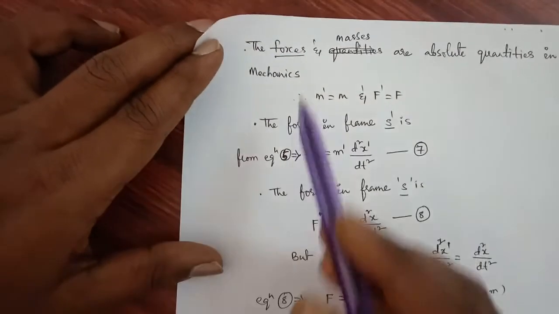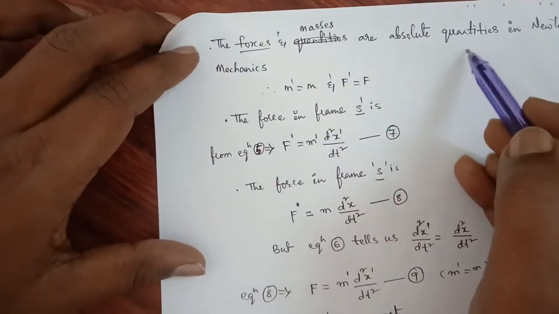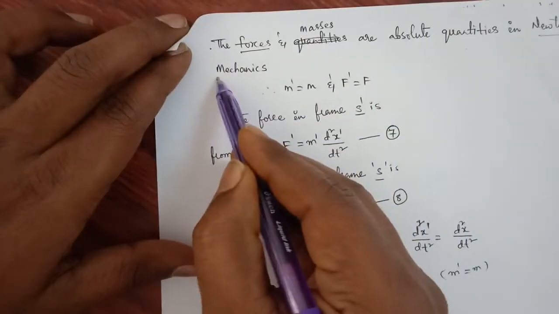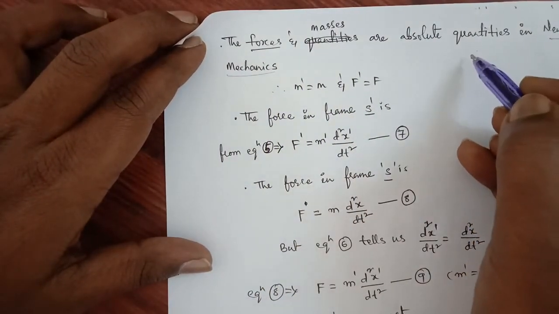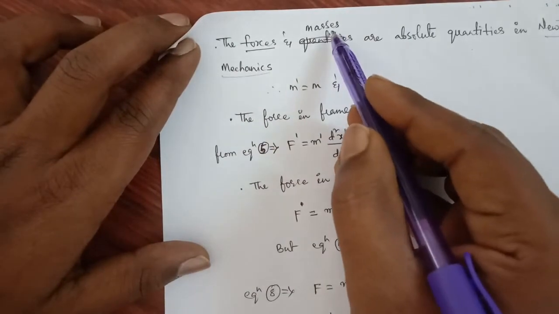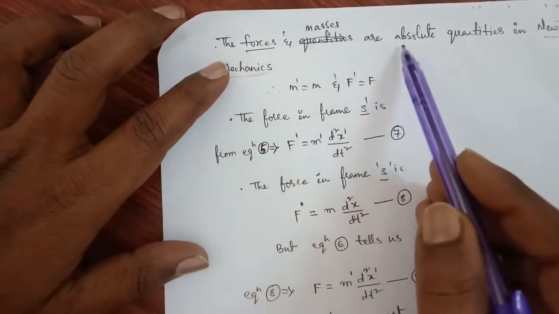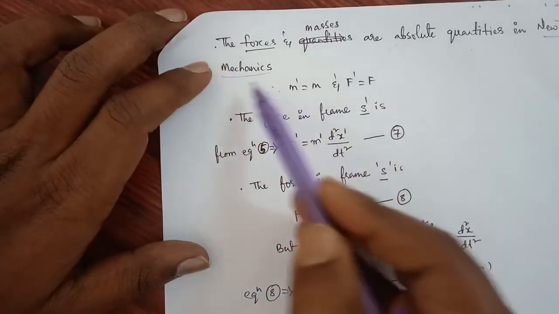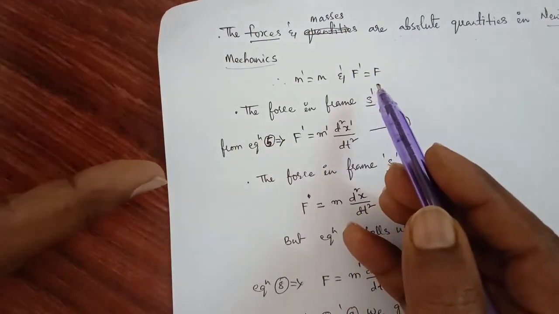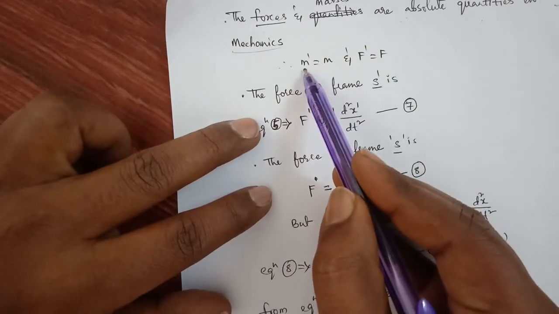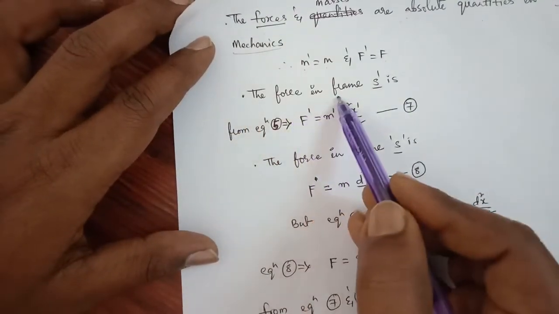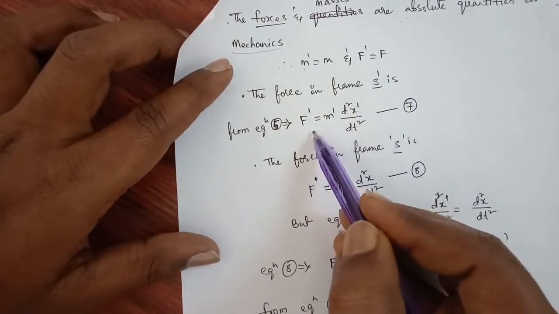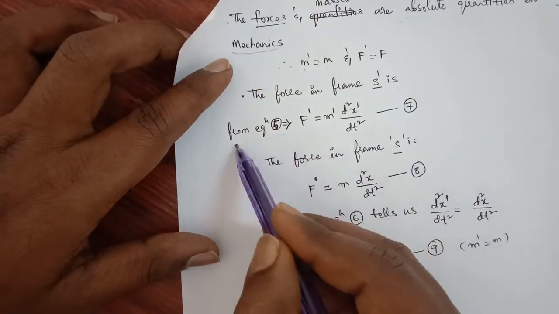Equation 6. Now, the forces and masses are absolute quantities in Newton's mechanics. What are the forces and masses there? That is F equals ma, F is the force, m is the mass. These force and masses are absolute quantities in Newton mechanics, so they will not change. So m prime is equal to m, F prime is equal to F. The force in frame S dash, we can write as this one according to equation 5.